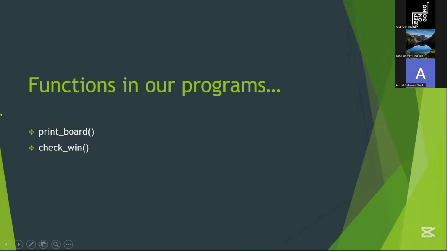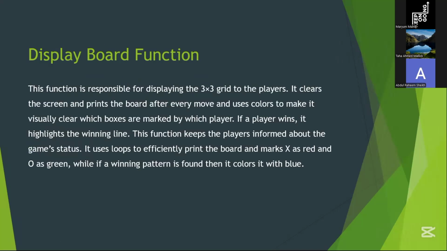Thank you. So our program contains two functions. One is the printBoard function to print the board, and the other is the checkWin function to check if any player is winning. The printBoard function is responsible for displaying a 3 by 3 grid to the user. It first clears the screen using the system function, and then it uses color-coded symbols to draw the grid.